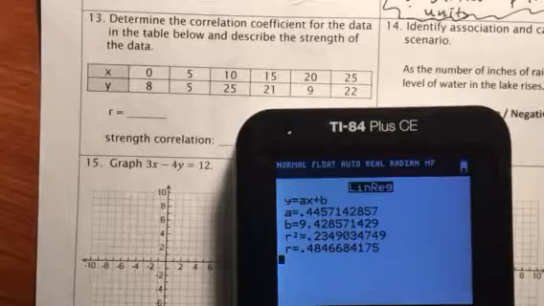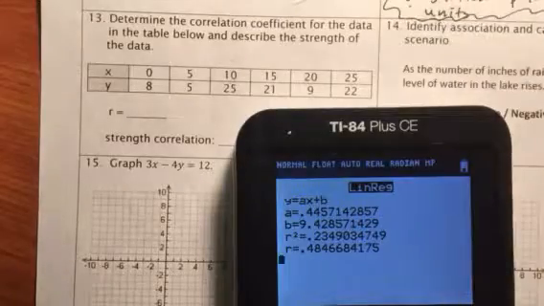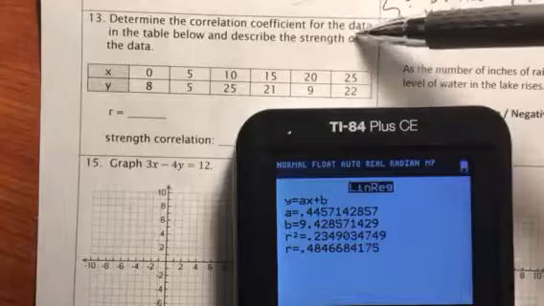Okay, so I plug these points in, I use stat, and it wants to know the strength of the data.